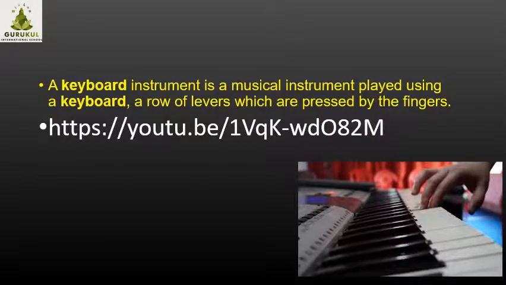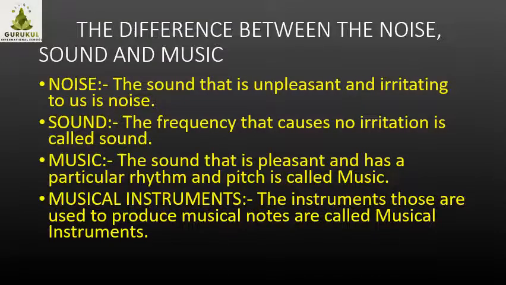Okay, so let's move on. Now, here I have given some more information about noise, sound and music. What is the difference between noise, sound and music? Here are 4 points I have given. What is noise? What is the definition of noise?